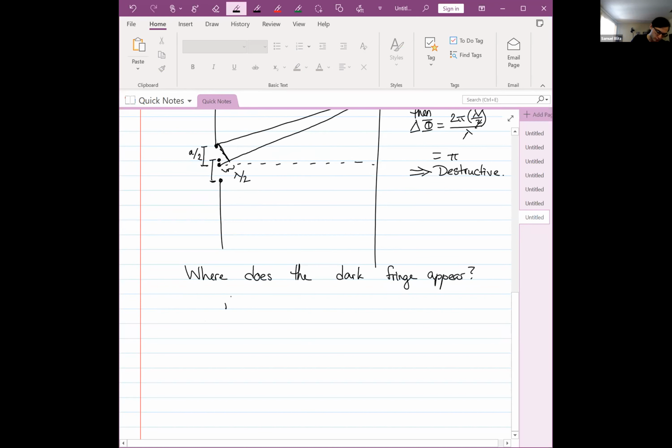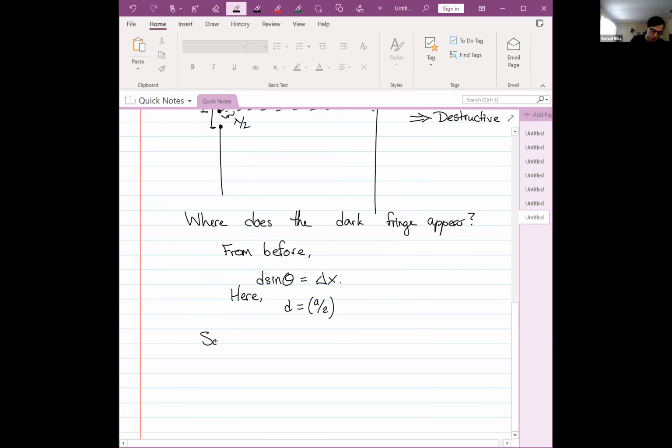So d sine theta equals delta x. Here, d is A over 2, because that's the distance between the Huygens points that are paired with one another, the distance for all of the pairs.